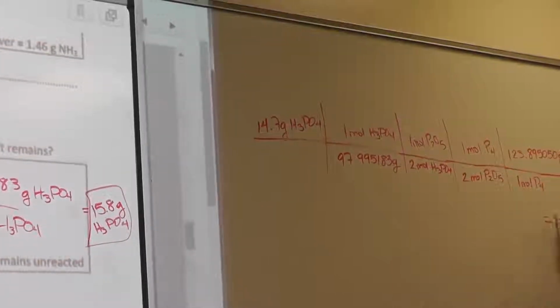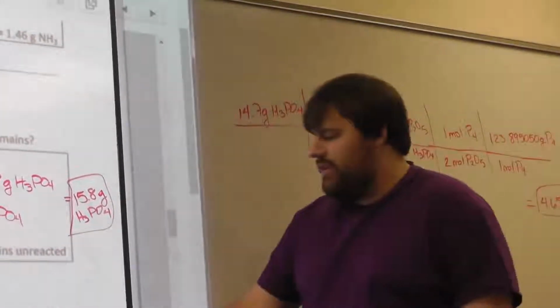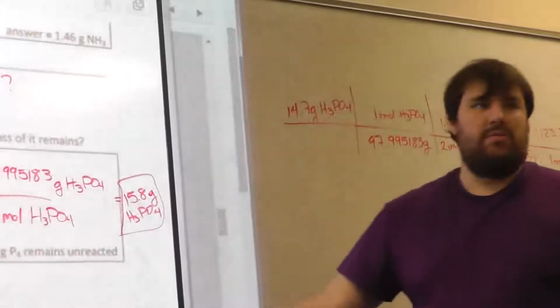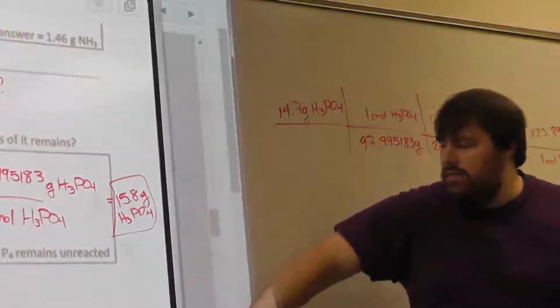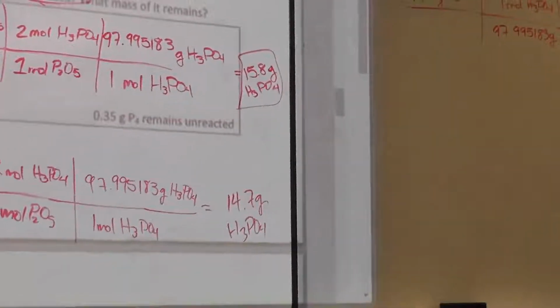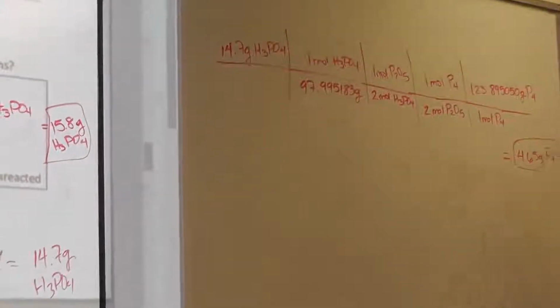Okay, so what this is saying here is that the maximum production for your phosphoric acid was 14.7 grams, right? If you're making hamburgers and you have a lot of bread and only this much cheese, this is what's going to run out first. You can't make any more hamburgers after that. So when that runs out, you want to see how much of your P4 it consumed. So it consumed 4.65 grams of your original 5 grams you started with.